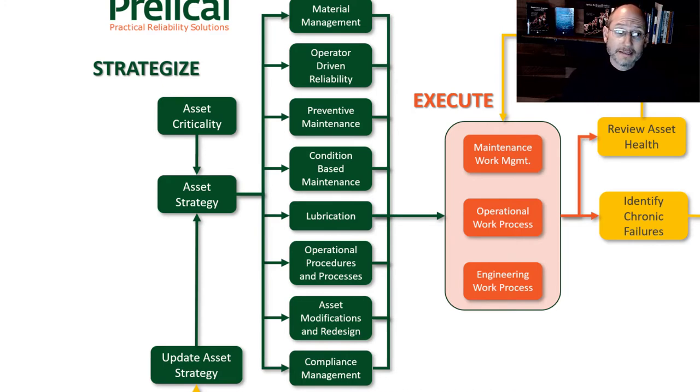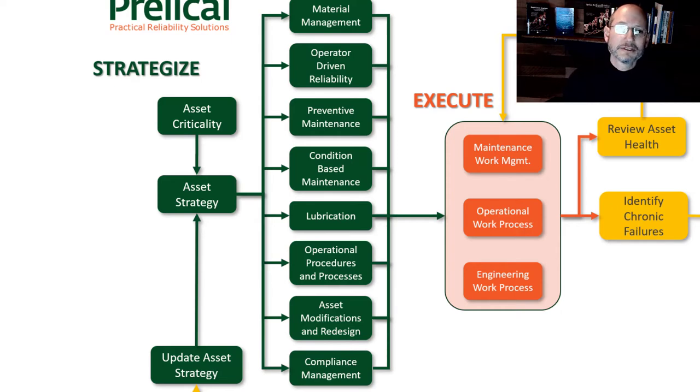But step one is we've got to figure out how critical all our assets are. Now I'm not suggesting you have to spend years on this, but it's really important to know which assets are highly critical, which are sort of important, and which are less important or maybe insignificant. If you've got a piece of equipment that, if it goes down, could take the whole plant down, well, that's pretty critical, right?